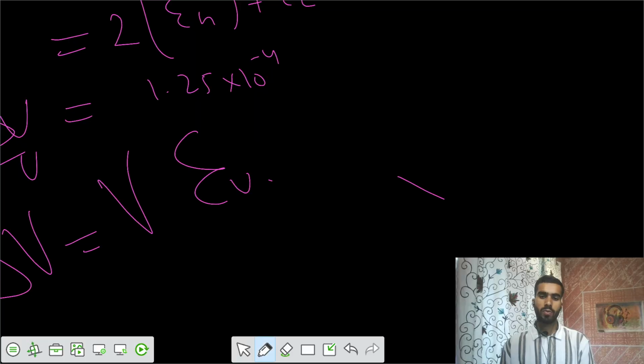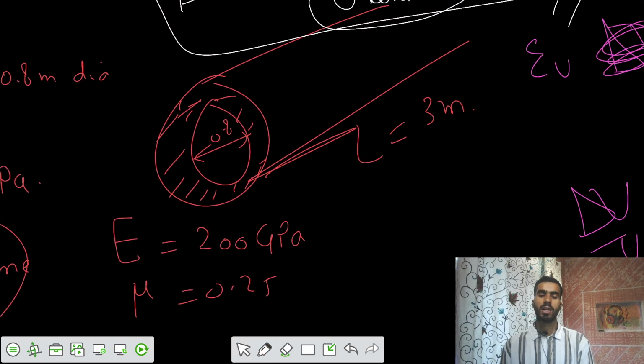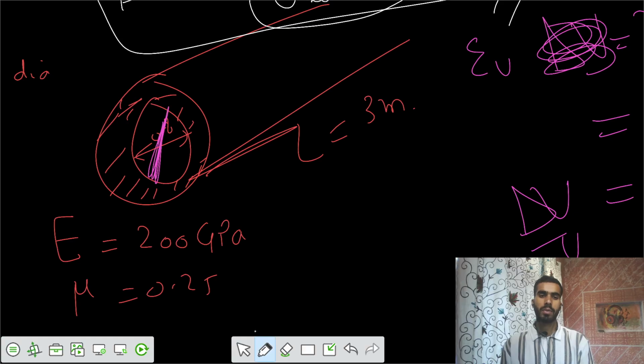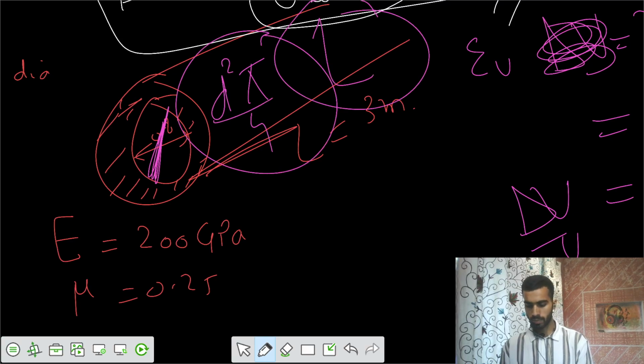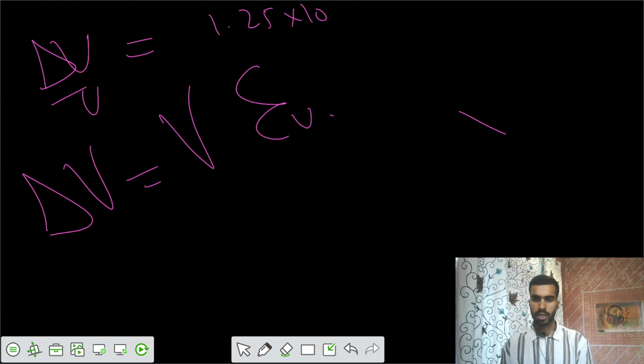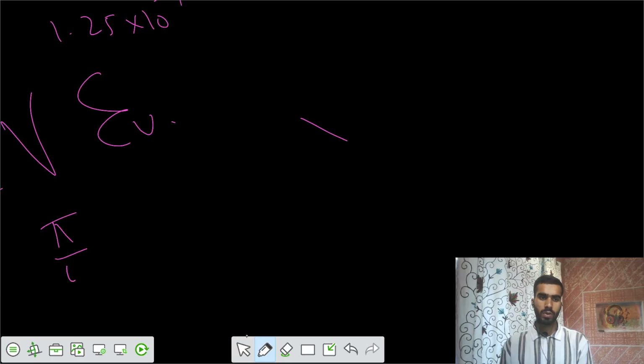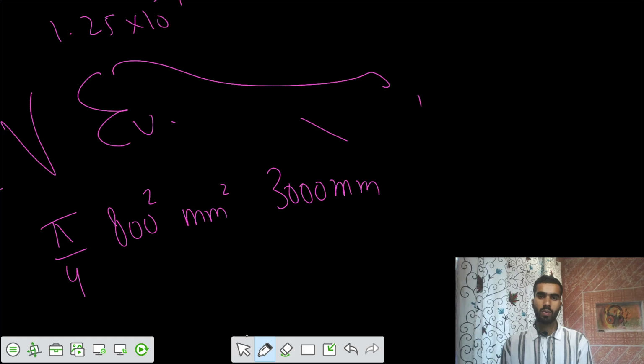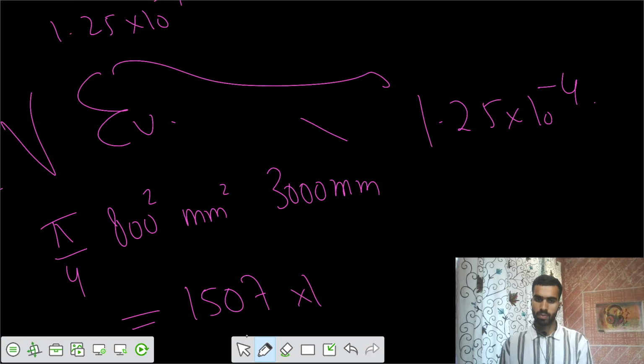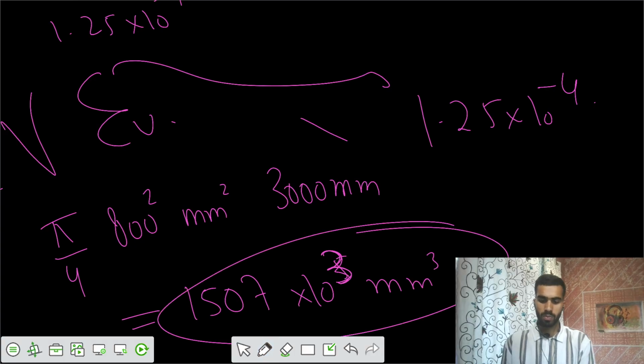The volume of the cylindrical shell is pi d squared by 4 into length L, so pi by 4 times 800 squared times 3000 millimeter, times the volumetric strain of 1.25 times 10 to the power minus 4. So the increase in volume is about 10 to the power 3 millimeter cube.